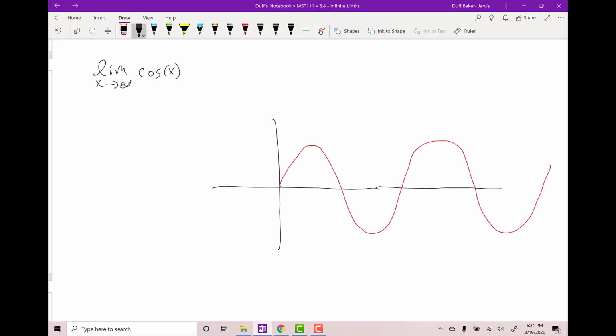If we keep taking inputs farther and farther to the right, the outputs never settle towards a single number. They just keep bouncing up and down between -1 and 1, and so it never settles down to a particular number, and in that case, we say that the limit does not exist.